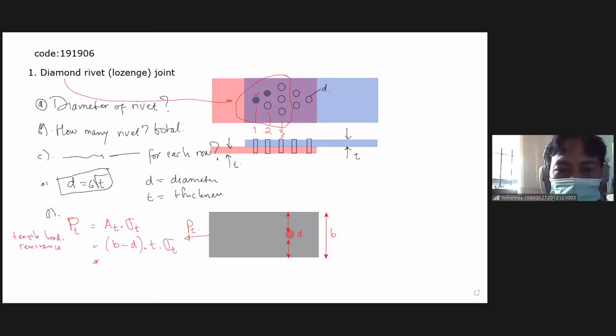And if we only have a single rivet like this, then how about the shearing? The shearing load of the rivet is the shear area of the rivet multiplied by the shear strength of the material.